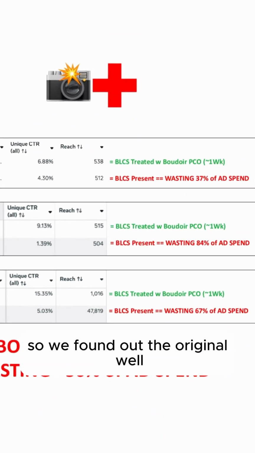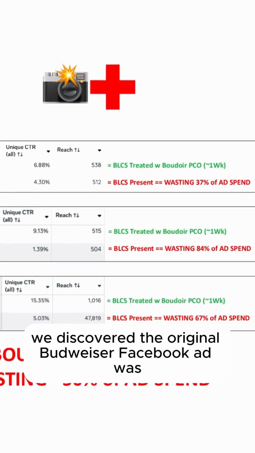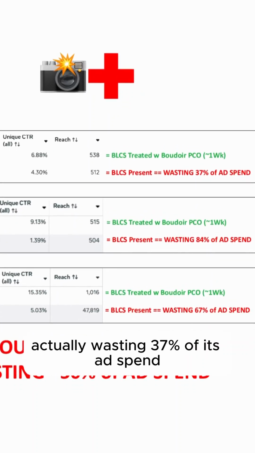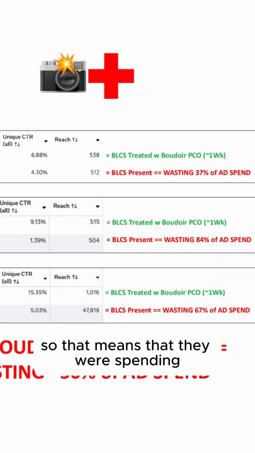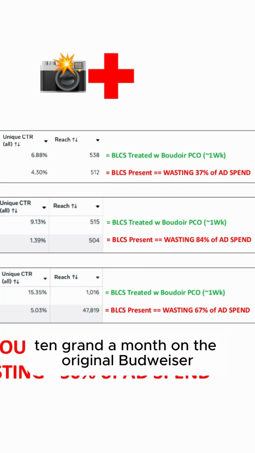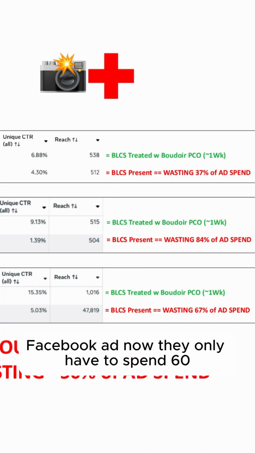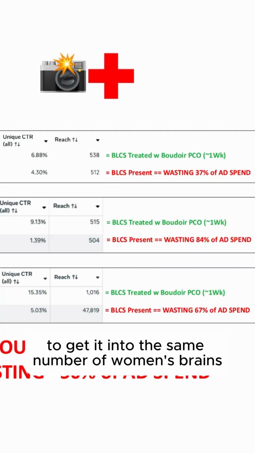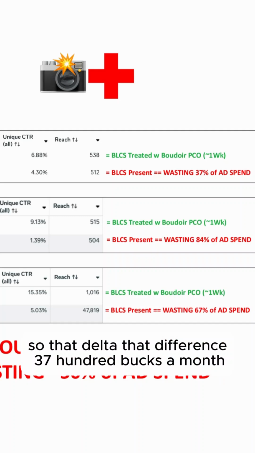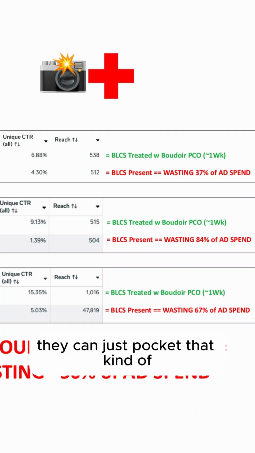We discovered the original Boudoir Facebook ad was actually wasting 37% of its ad spend compared to what it could have been achieving. So if they were to spend 10 grand a month on the original Boudoir Facebook ad, now they only have to spend $6,300 a month on the Boudoir PCO treated ad to get into the same number of women's brains. That delta, $3,700 a month, they can just pocket as a phantom bonus.